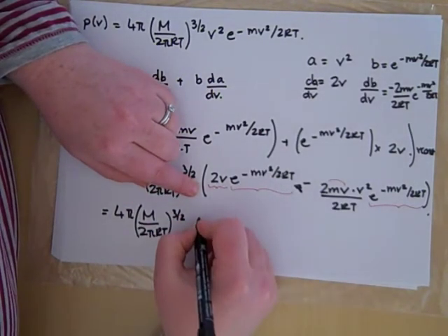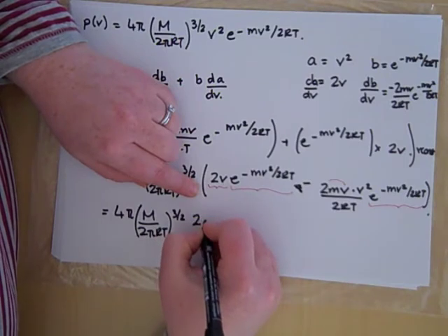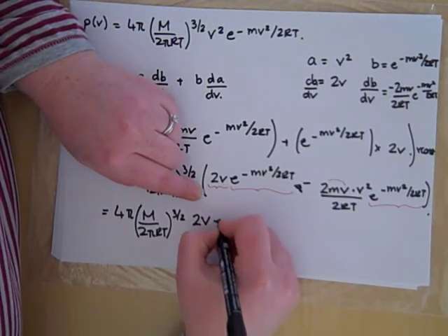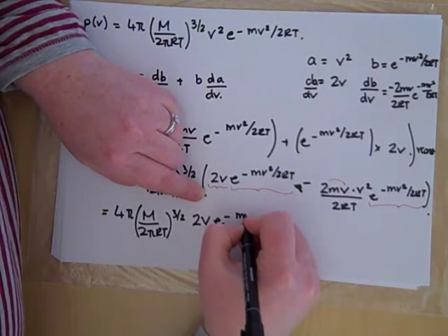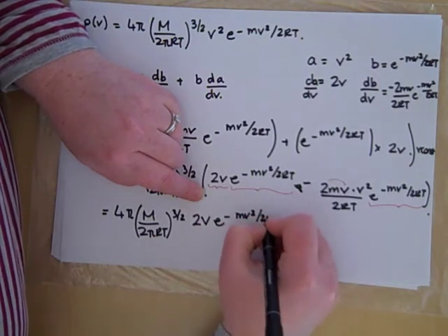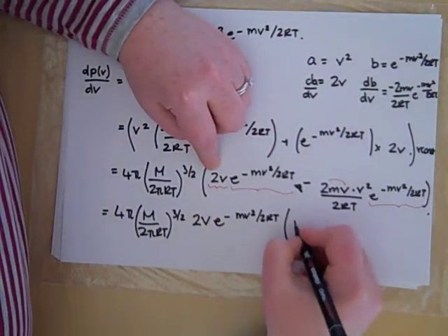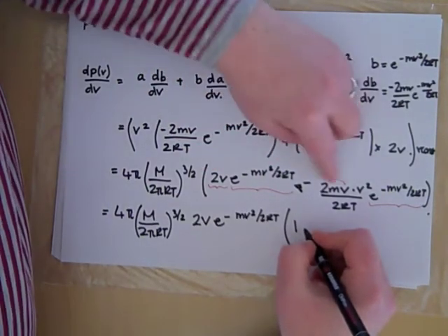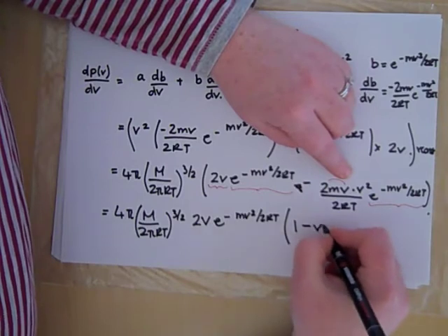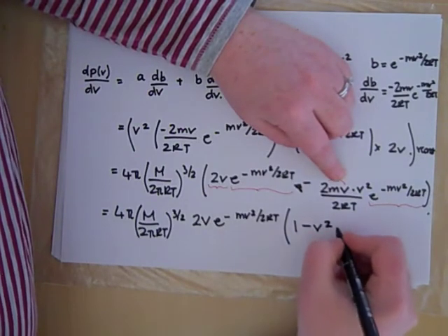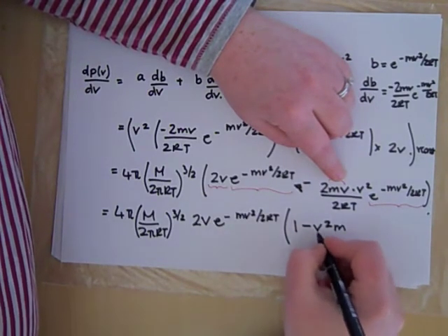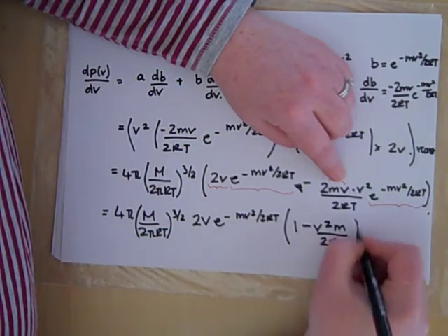And then I'm going to take all of these terms out. So this is 2v e to the minus mv squared over 2RT. And if I take this out of here, I end up with 1. And if I take this lot out of here, I end up with minus v squared m over 2RT.